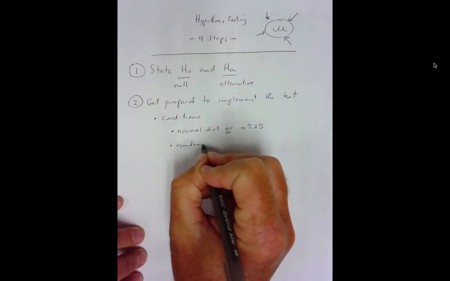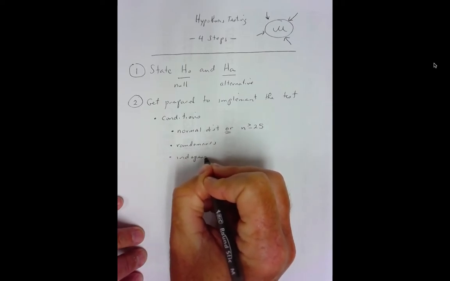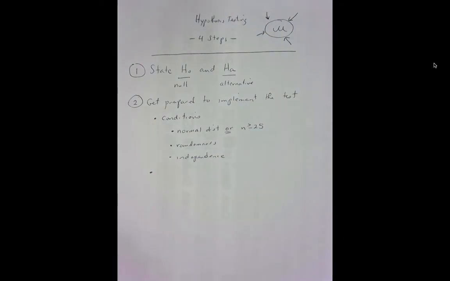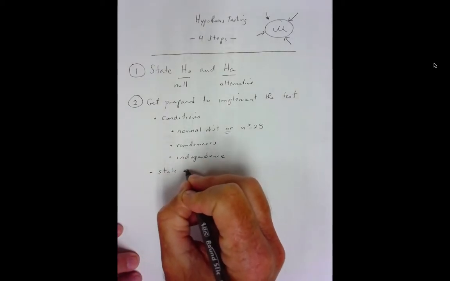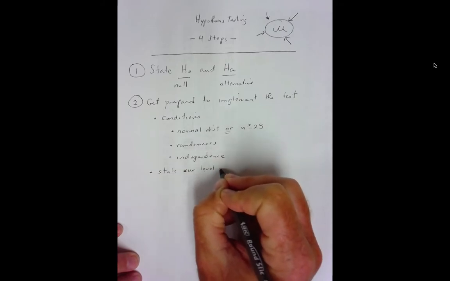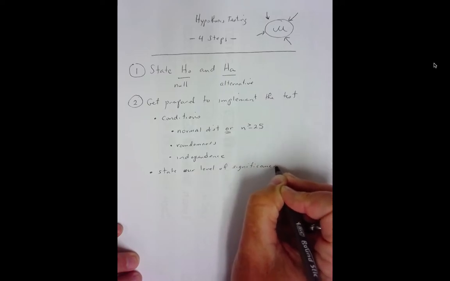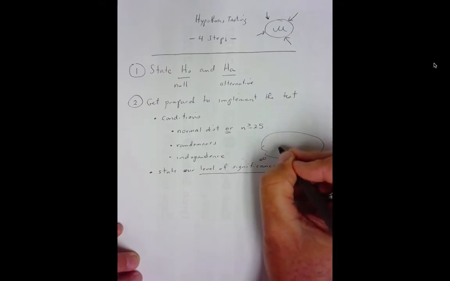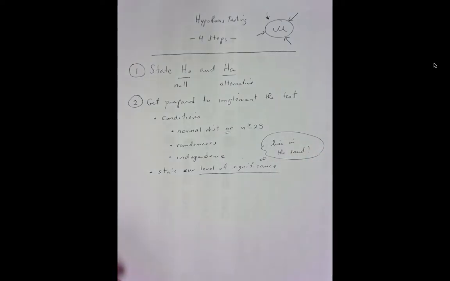Guys, we need randomness and we need independence. The second thing that we do in getting prepared is we state our level of significance. Now, level of significance, I want you to think from the previous video, this is your line in the sand.